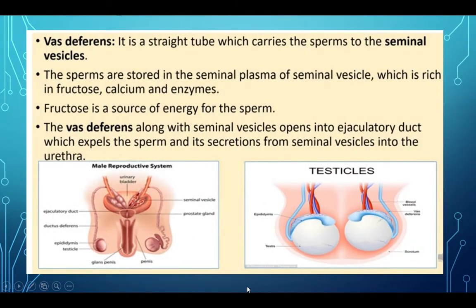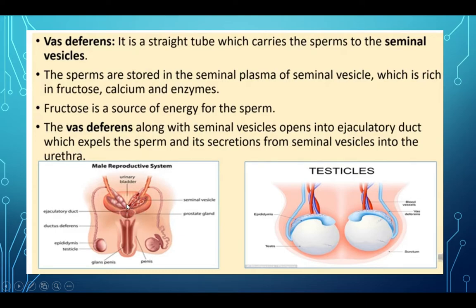And next the vas deferens. So this is the testis. Then this is the epididymis, and then you can see a tube-like structure. This is the vas deferens. It is a straight tube which carries the sperms to the seminal vesicle. I already told you the testis only produces the sperms, and they will be temporarily stored in the epididymis, and then move through the vas deferens and come to the seminal vesicle.